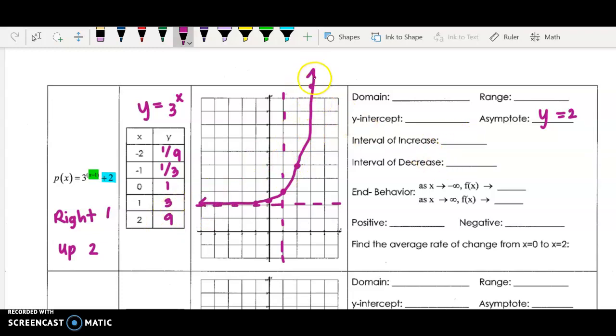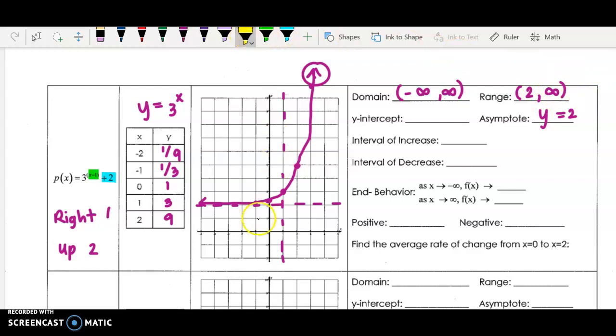Now we're ready to discuss the characteristics of the function. The domain will be negative infinity to positive infinity, and the range, bottom to top: the bottom is at the asymptote at 2, and the top goes to positive infinity.